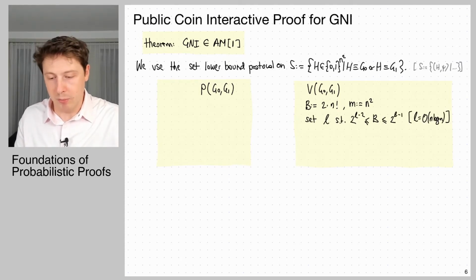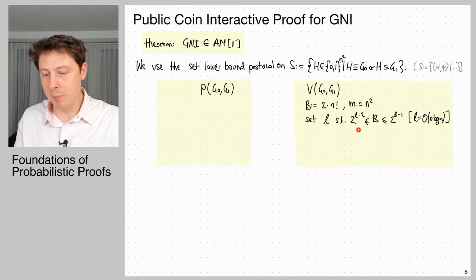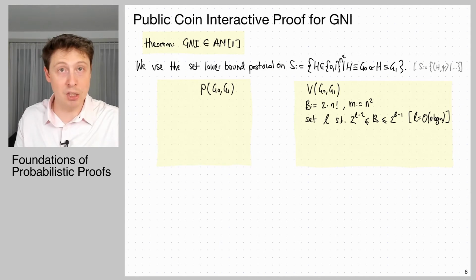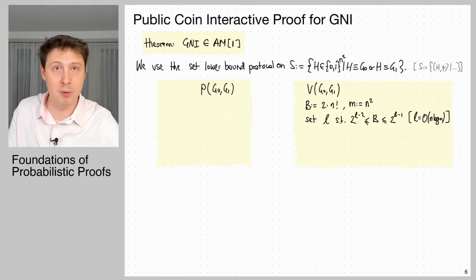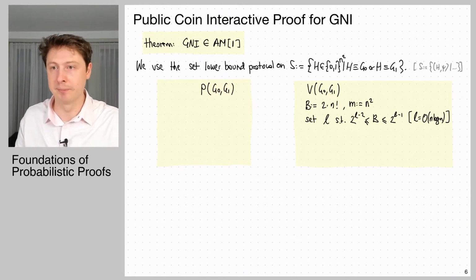And we set L to be the choice from the prior slide. Notice that because B is on the order of n factorial, log of B is on the order of n log n. Now n log n is less than n squared. This is precisely why we needed compressing hash functions. We are in a setting where L is going to be smaller than M. That's why we had to construct compressing pairwise independent hash functions.